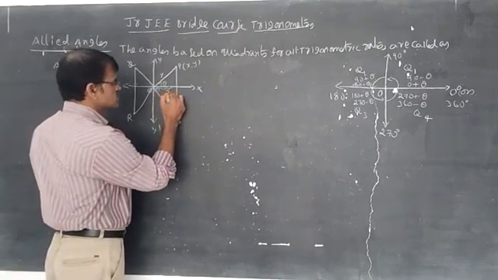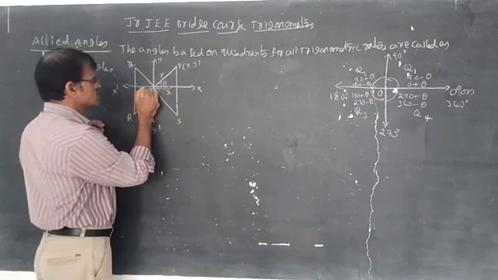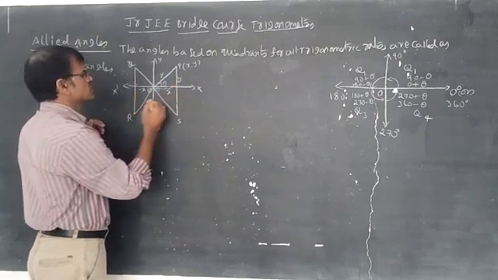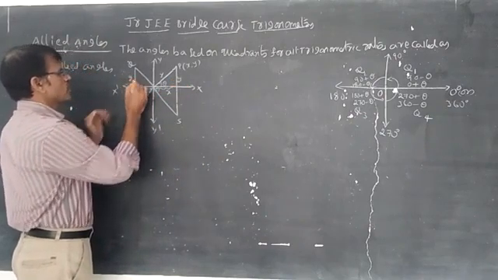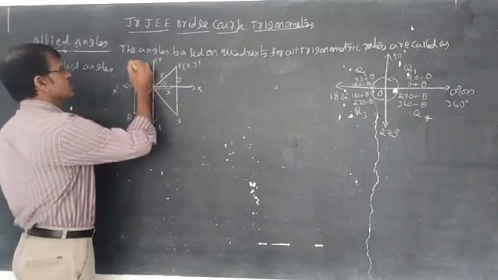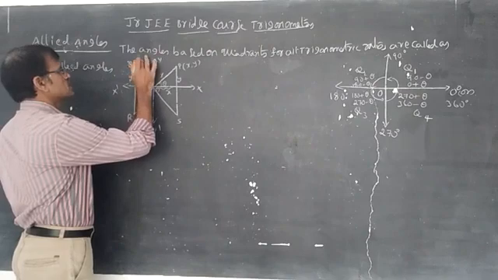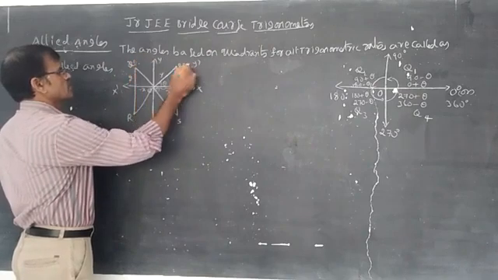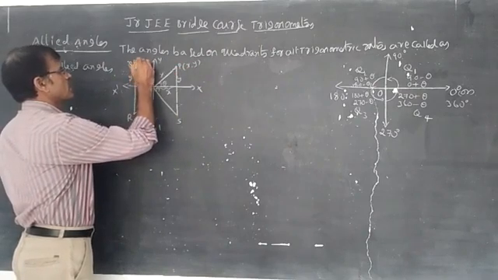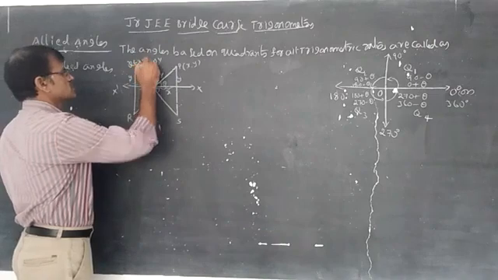This is x, you say. This is minus x. This is y, of course it is positive. This is also y because it is positive. The concept here: x comma y, minus x comma. Here in first quadrant x comma y, and in second quadrant minus x comma y.